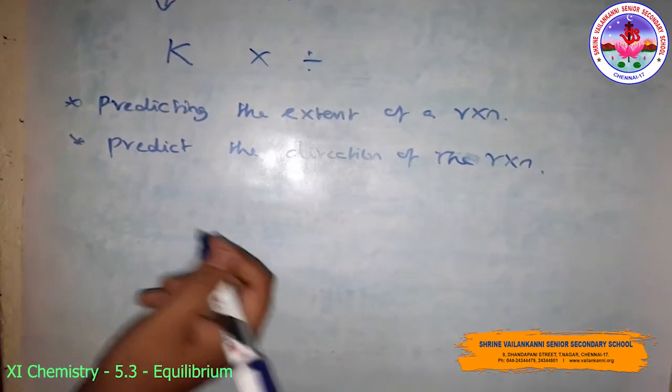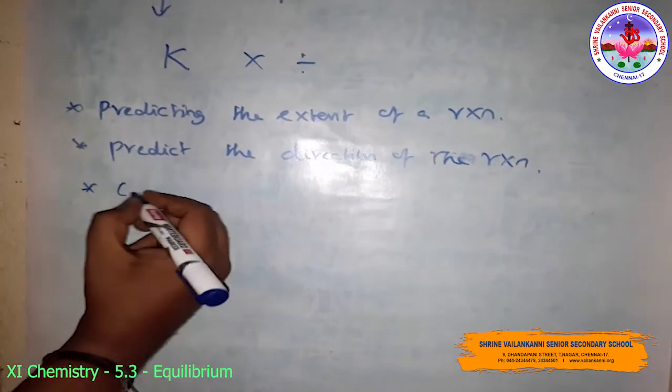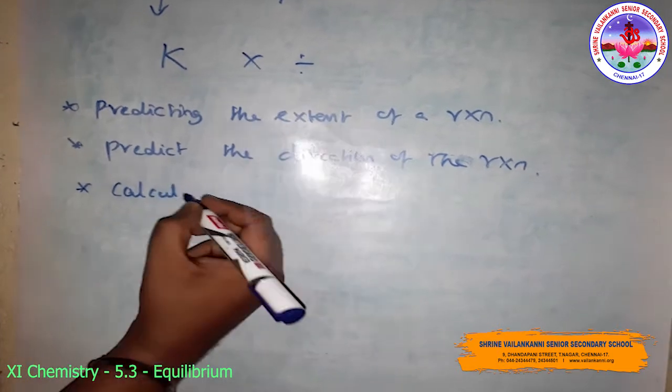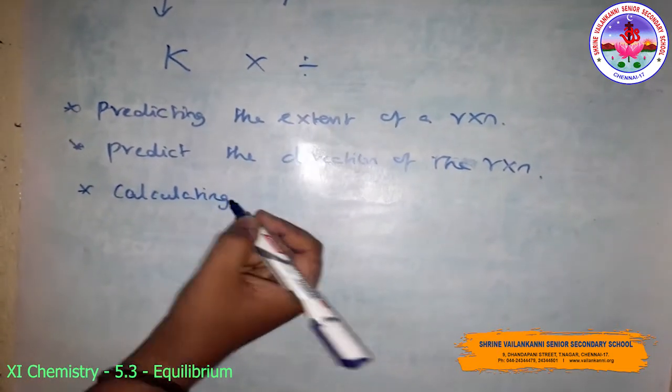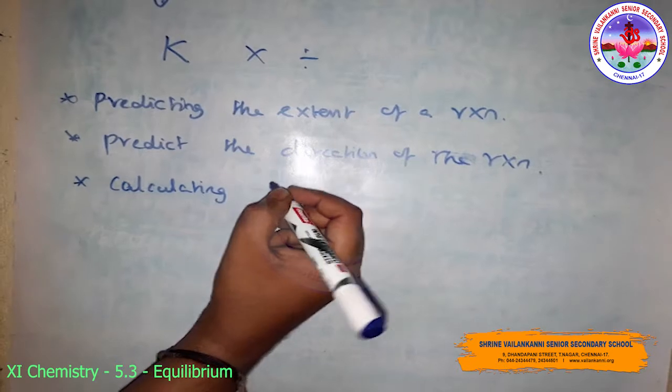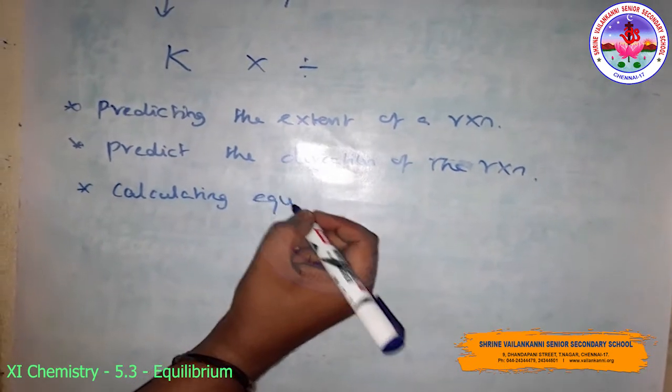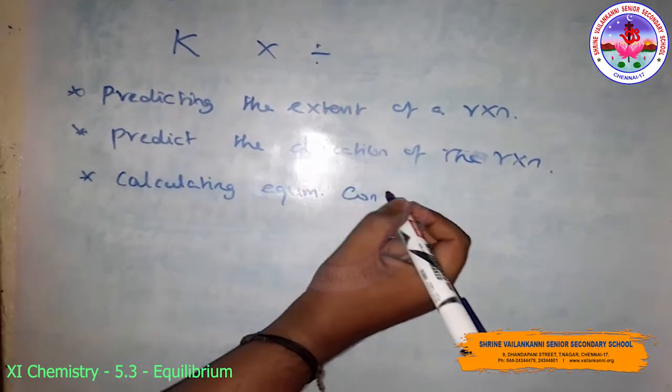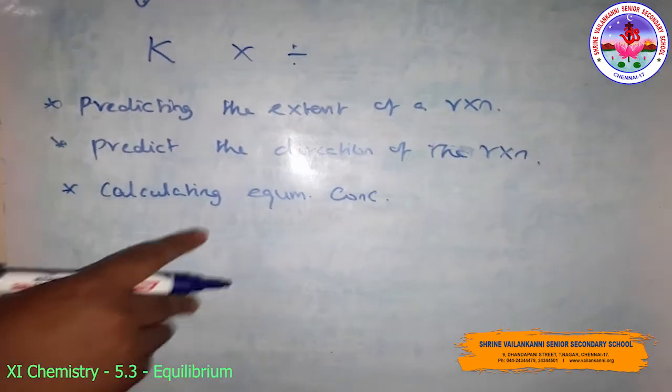Then the third one is calculating equilibrium concentrations. So these are the applications of equilibrium constants.